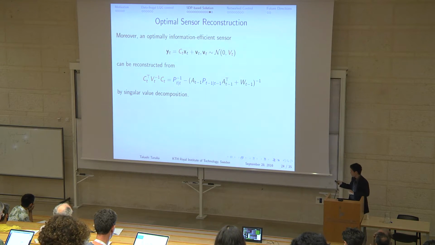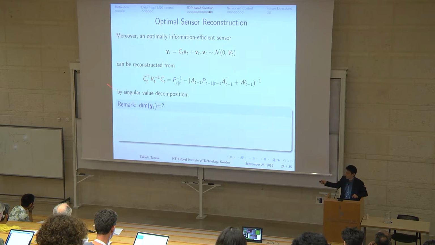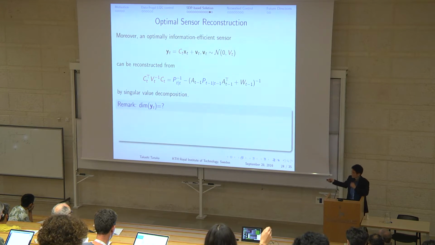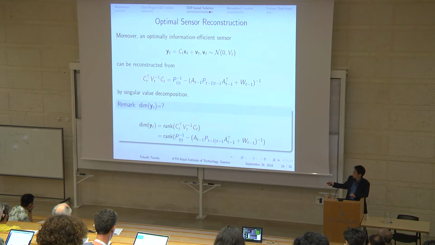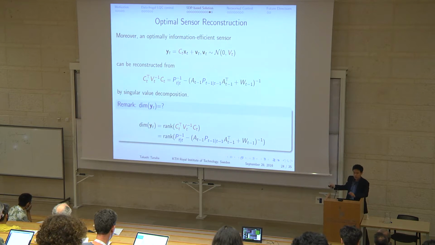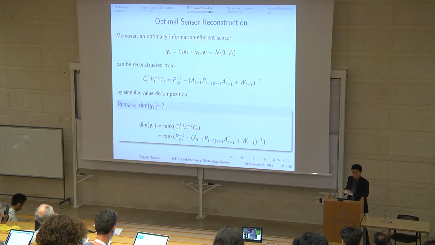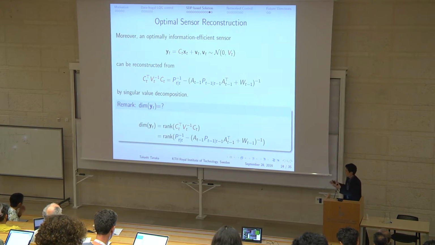And remember that determining the right dimension of this observation signal is a part of the problem. But from this result, what we can say is that by computing this rank, you can determine the optimal dimension of your observation. So there's a sort of phase transition.